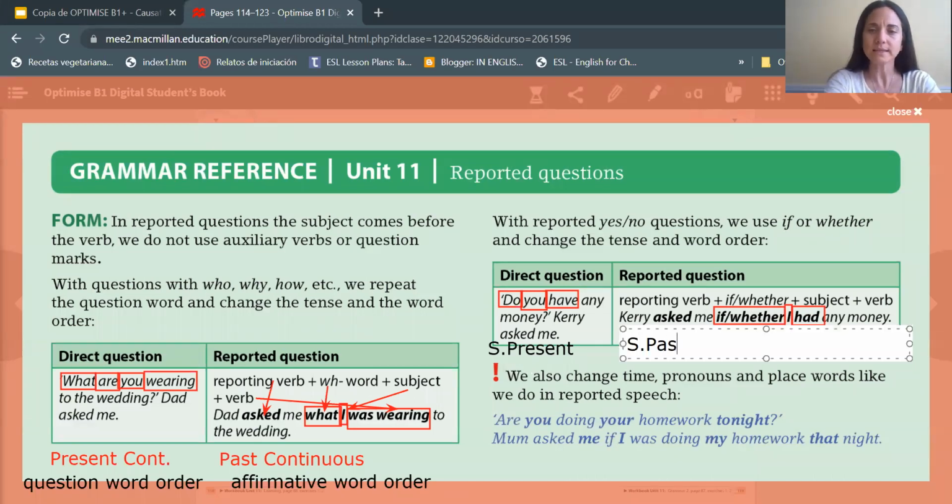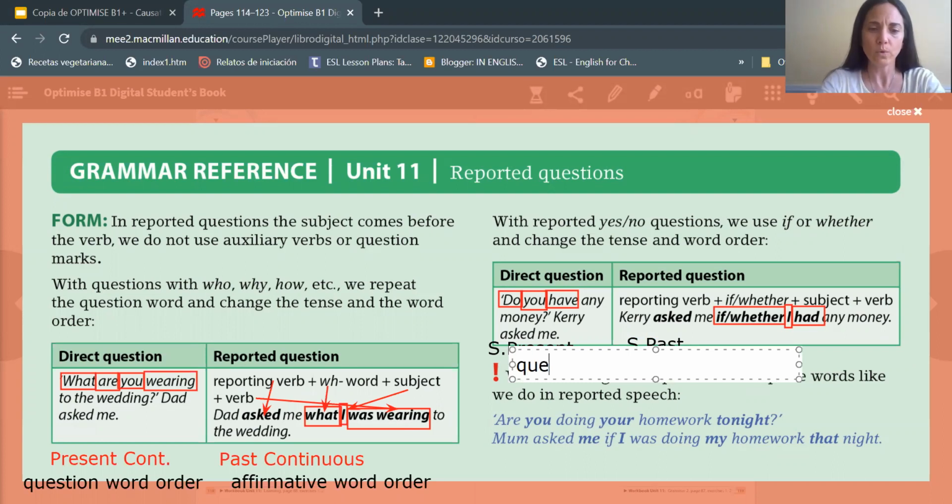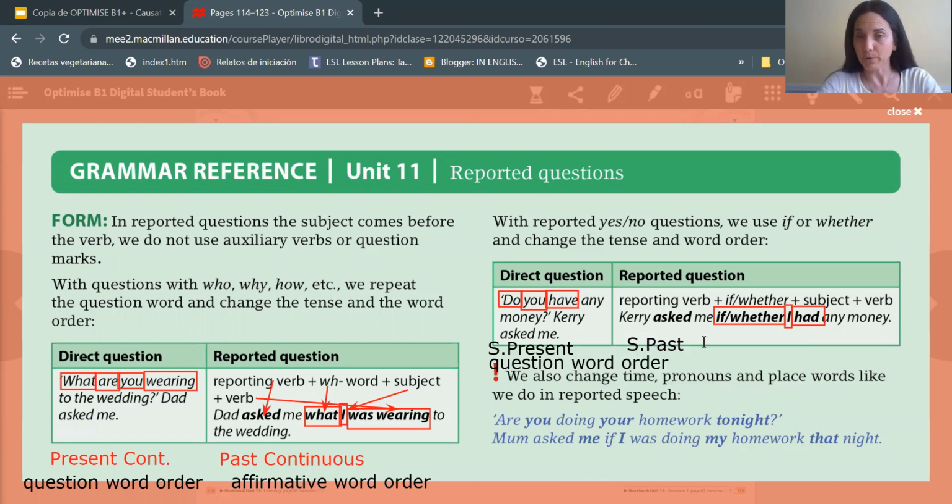So as you can see, we are going a tense backwards, and we are not using auxiliary verbs. Why? Because remember that in the direct question, you have the question word order. Okay. But in the reported question, you have the affirmative word order.